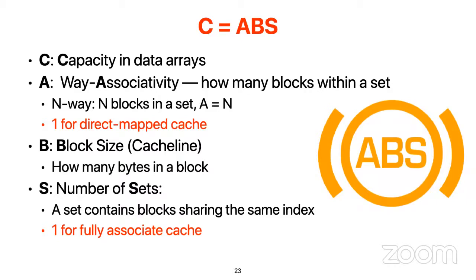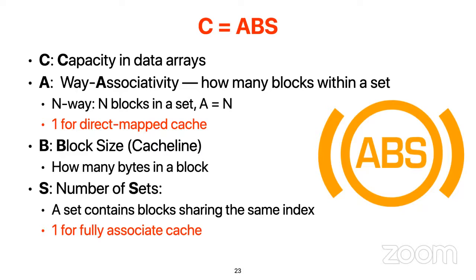B is the block size, which means how many bytes are there in a block. And remember, every time you miss, you are fetching consecutive bytes starting from offset 0 to offset B minus 1. And S is the number of sets, meaning how many sets are there in your cache.